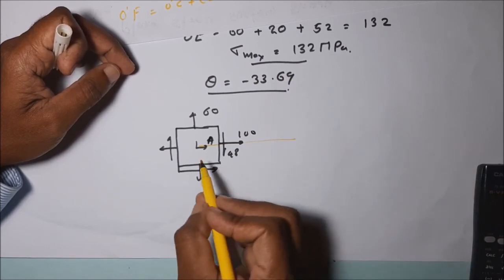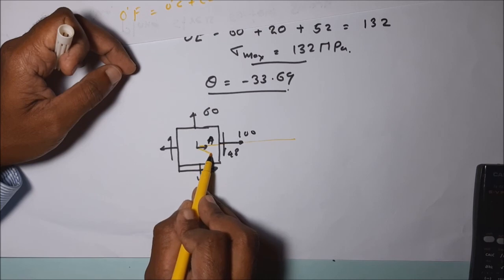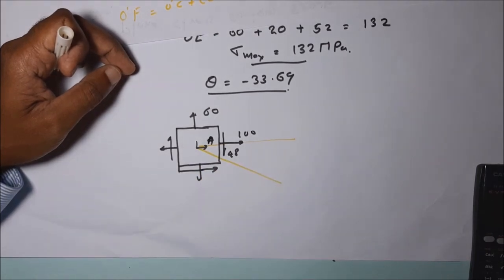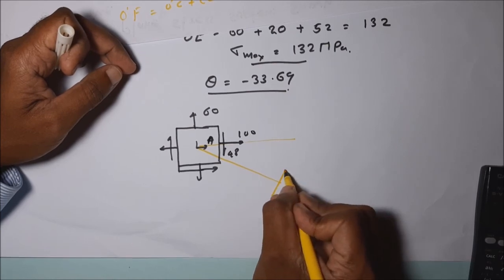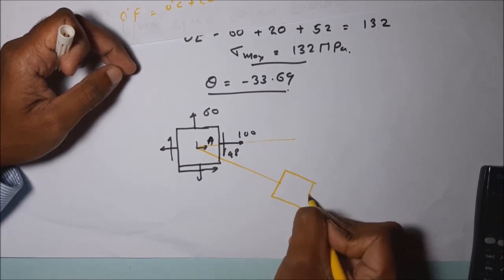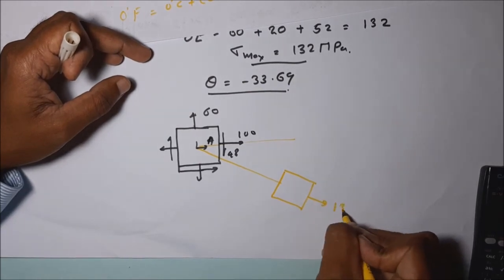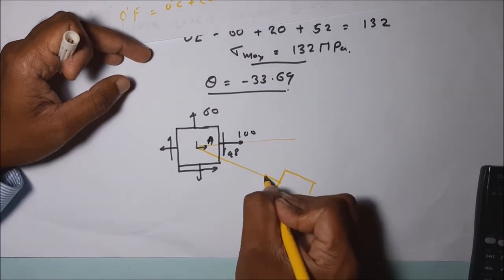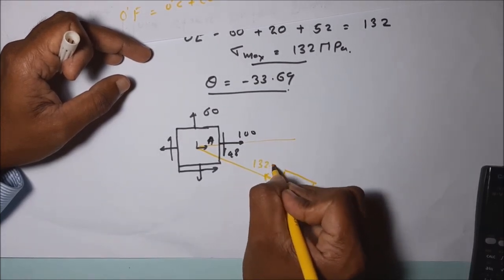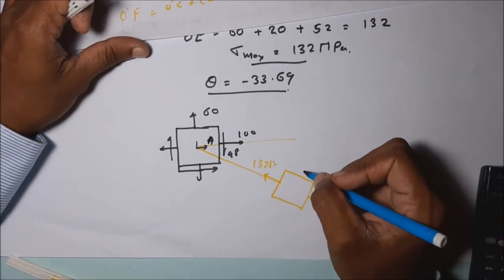So somewhere in this kind of direction, stress is maximized along this direction, 132 megapascal. Then at 90 degree, it is minimum.